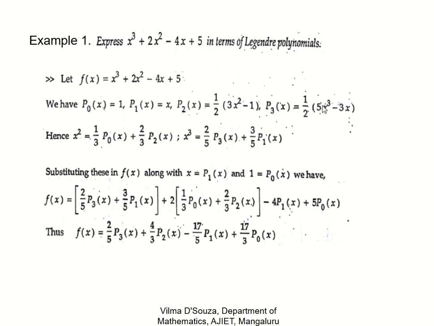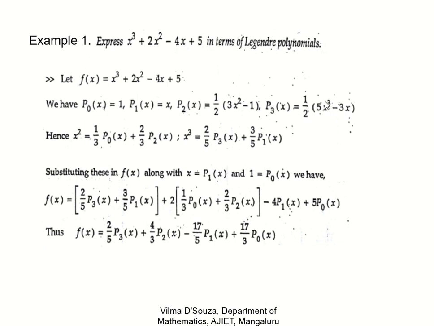Now here you have x cube. You have to rewrite this x cube in terms of P3. So 5x cube minus 3x is equal to 2P3 of x.